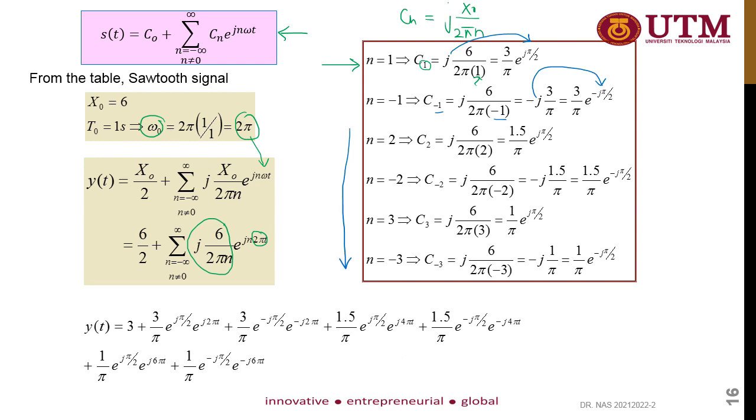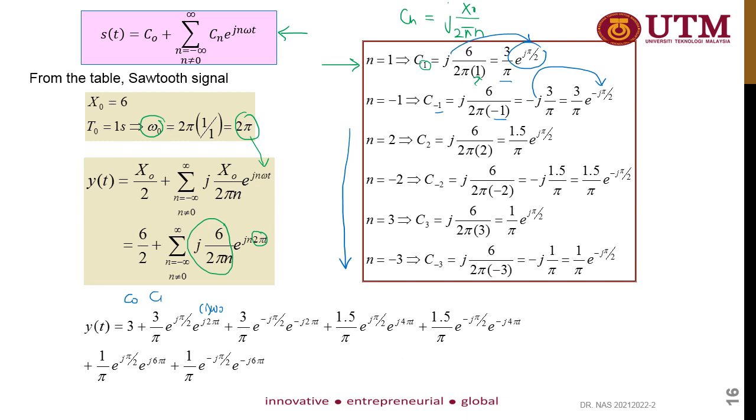Okay, lastly, you need to write down the complete exponential Fourier series for the sawtooth signal. So this is your C naught plus the Cn. Okay, when it is C1, the coefficient is 3 over pi e^(j n omega naught t). So this is omega naught, and this is when n equal to 1. This is part of the coefficients because of the j just now.